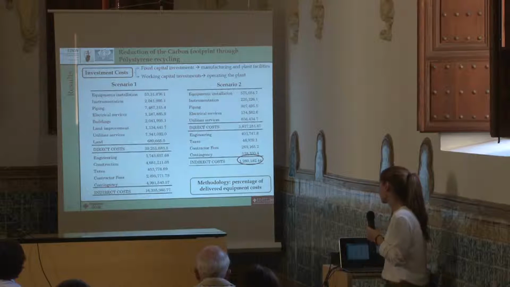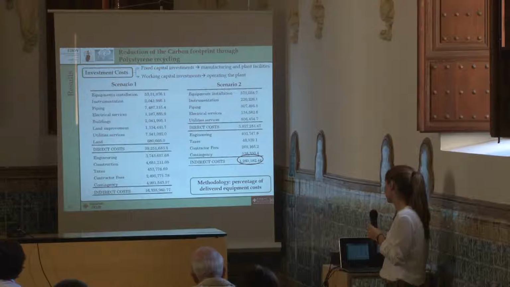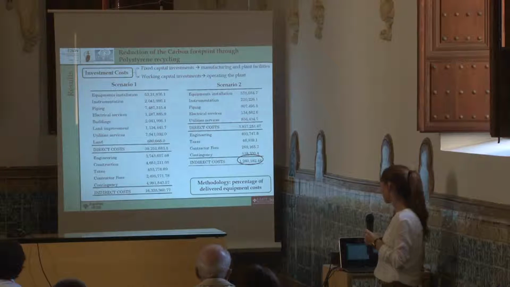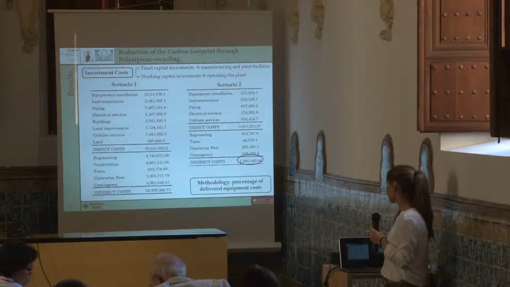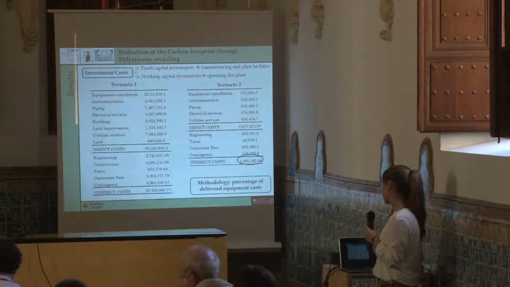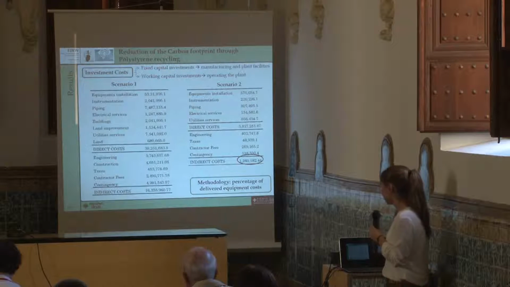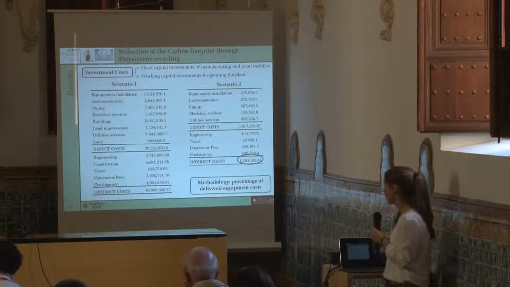Investment cost relates to the fixed capital investment, that is the amount of money that we need for manufacturing and plant facilities, and also the working capital investment, that is the amount of money that we need to operate the plant. So in this case, following the methodology entitled percentage of delivered equipment cost, we have evaluated that in scenario number 2, the investment costs are 10 times lower than in scenario 1.